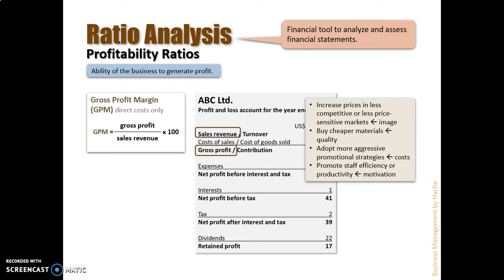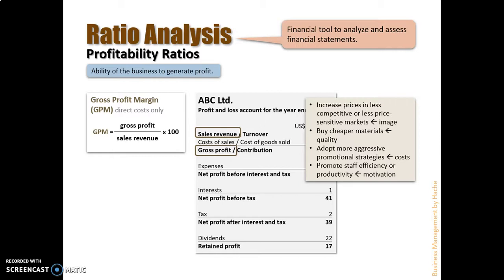And you can also promote staff efficiency or productivity. You can motivate the staff and focus on their efficiency. That might also mean, and this is the difficulty, that you might have to send some of your less efficient workers home, or reduce personnel and focus on the ones that work efficiently.